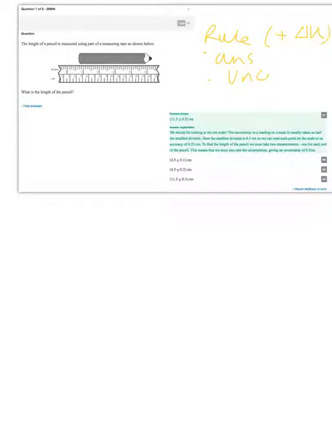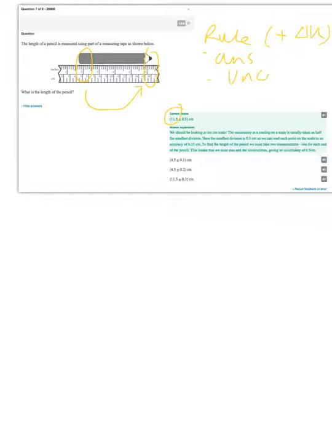The next is the answer, which is this measurement and this measurement. So you would subtract this value from this value to get 11.5. And then your uncertainty would be equal to 2 times the absolute uncertainty of the measure.